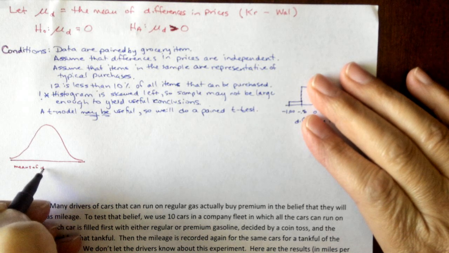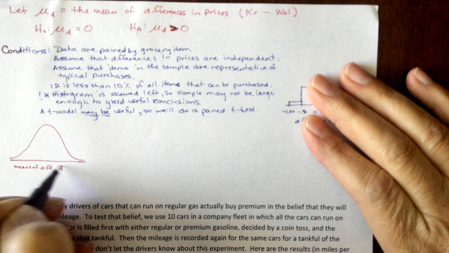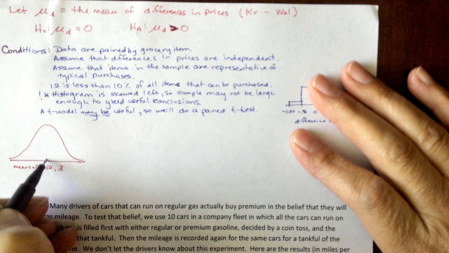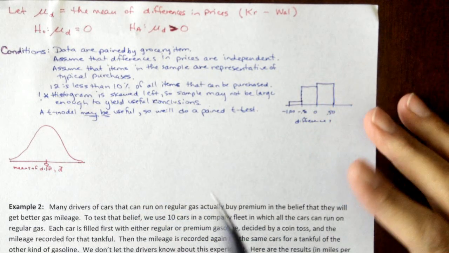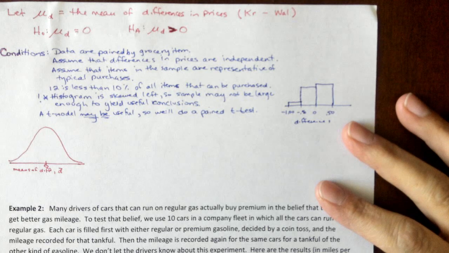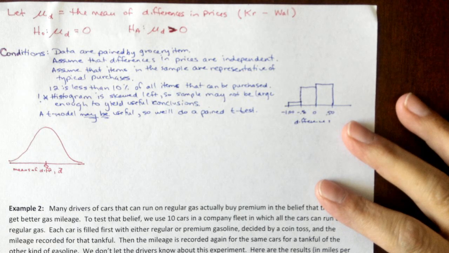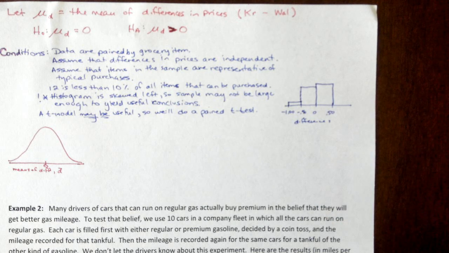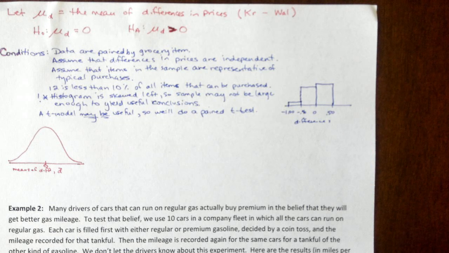means of differences, D bar. And we're sticking 0 in the middle because that's what we proposed to be the truth in the null hypothesis. And we want to know how different our actual data is, that mean of all the differences, from 0.